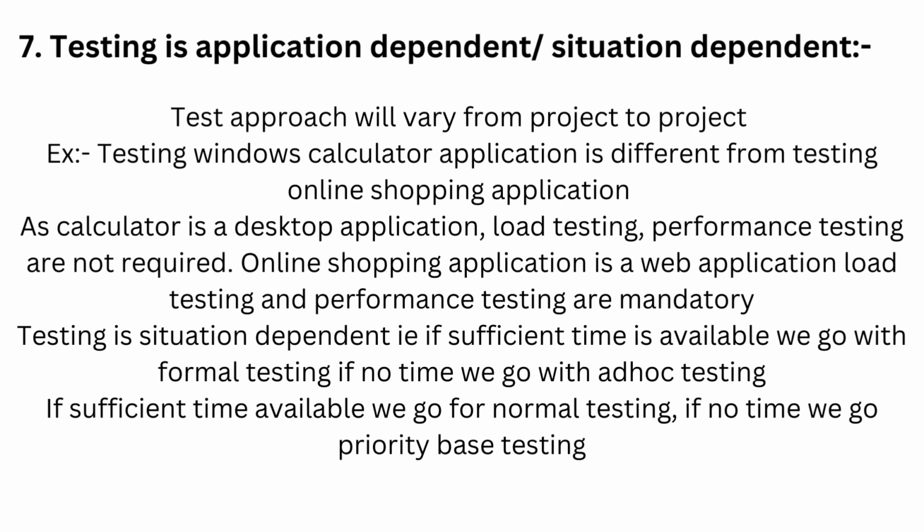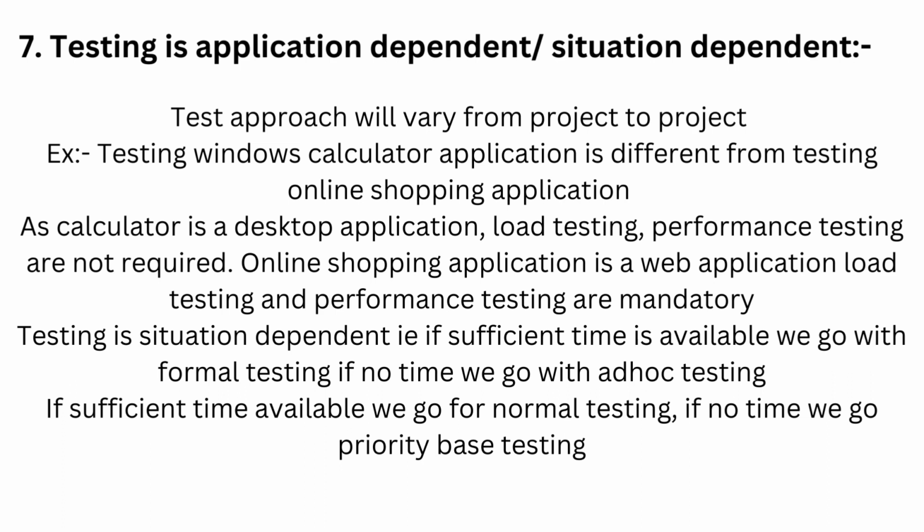And next, testing is situation dependent. If we have sufficient time, then we will go for formal testing: we will write the test cases, execute them, and prepare some documents. Otherwise, if we do not have time, then we will go for ad hoc testing, which means informal testing, and we will directly execute without following any testing format.